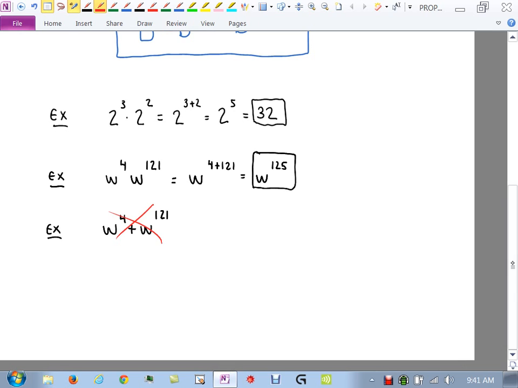All right, now let's look at a different property. That's our first property. How about this one? This will be our second one. What happens if instead of having b to the n times b to the m, I have b to the n divided by b to the m?